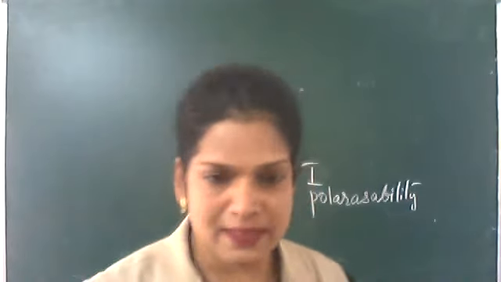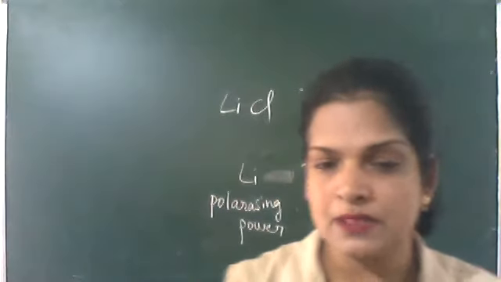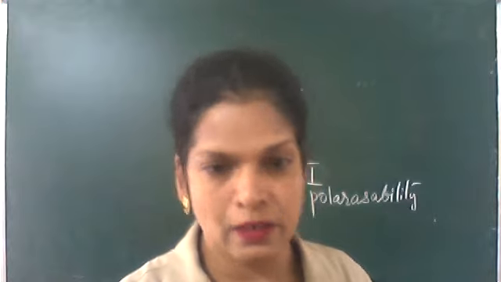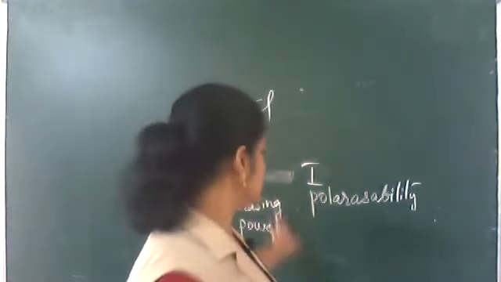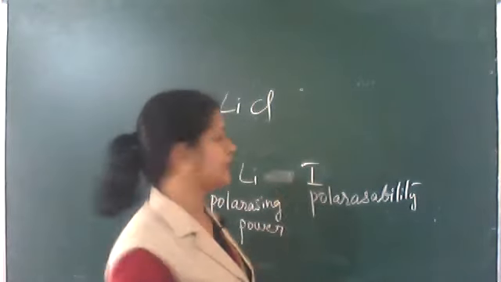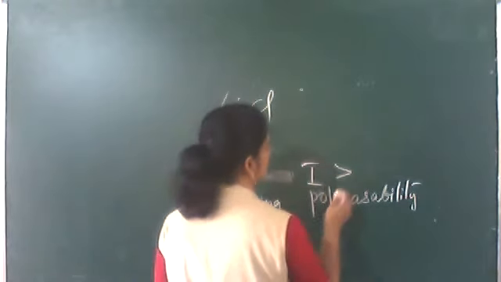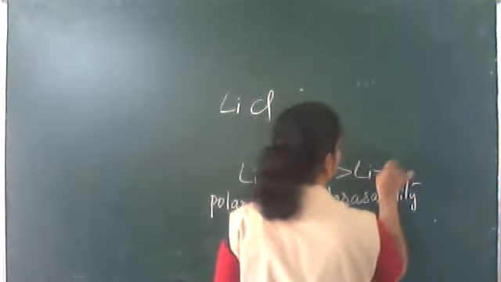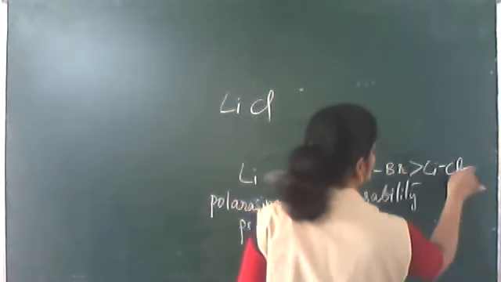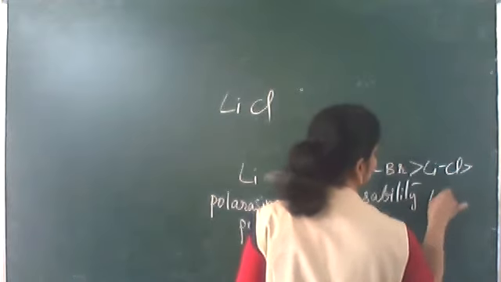How can we prove that? It is soluble in organic solvents. Covalent compounds are soluble in organic compounds. LiI is soluble. So the best covalent one among these halides of Li is LiI. LiI is more covalent than LiBr, then LiCl, then LiF.